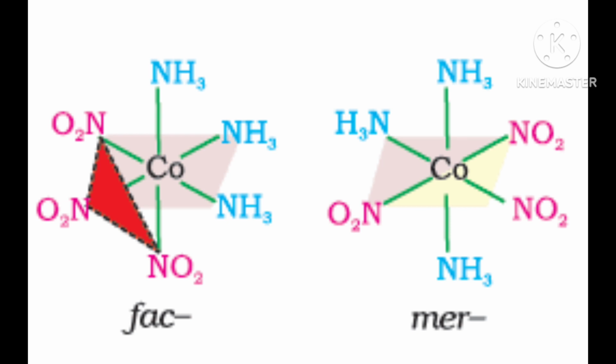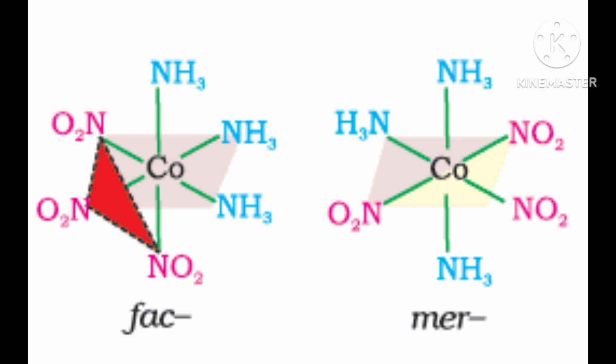That is the first thing, and second, molecules. What will we call the molecules? The molecules or ions that cannot be superimposed are called chiral.